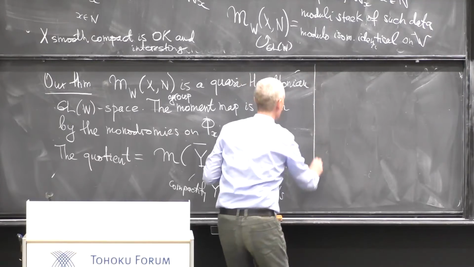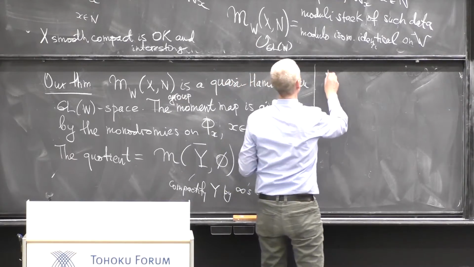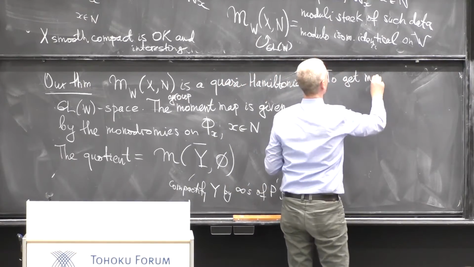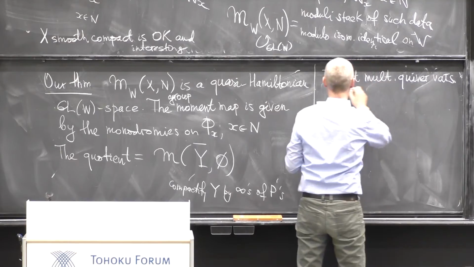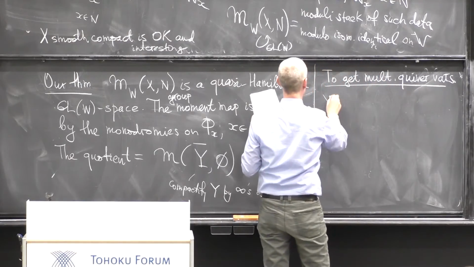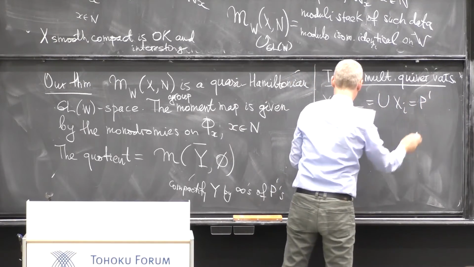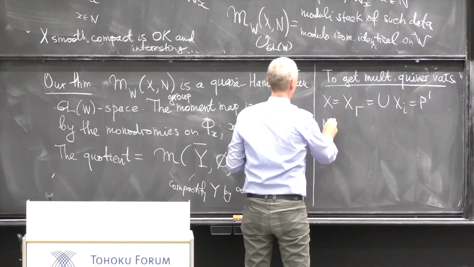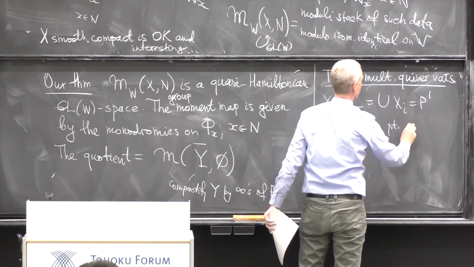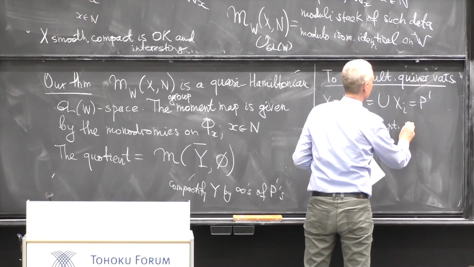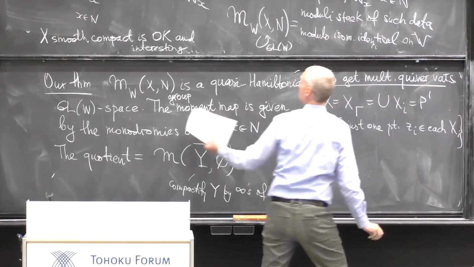Now to get multiplicative quiver varieties, we should do the same thing as we did for preprojective algebras. We take X equals the union of X_i, each a P^1, and take N to be just one point, say, of the I in each X_i. In this setting we can take many points.